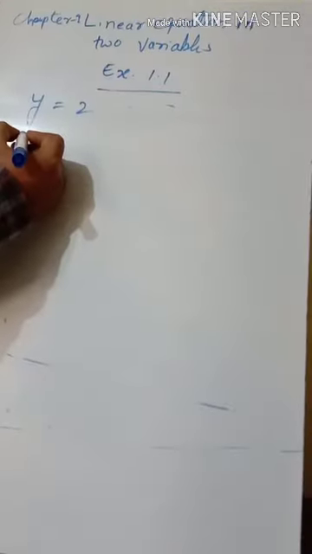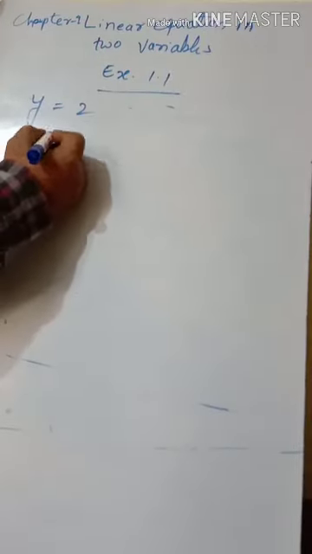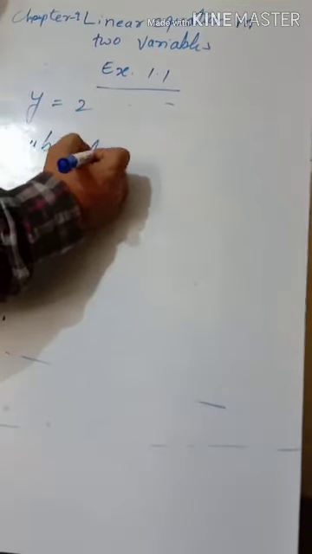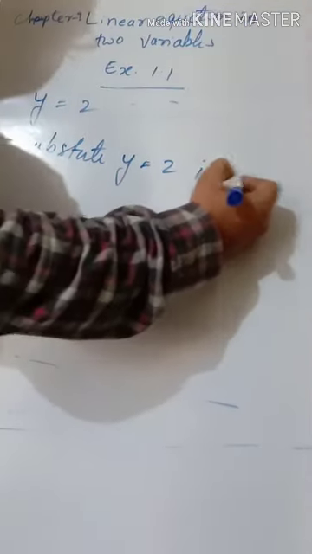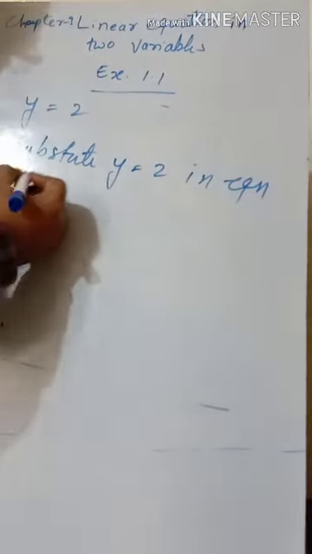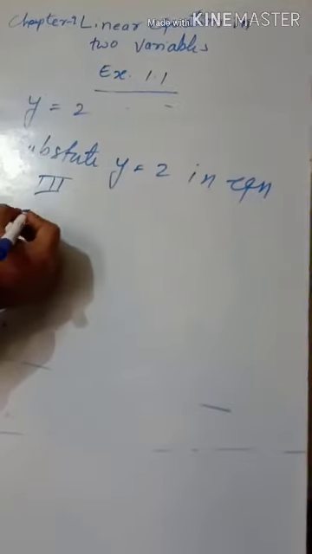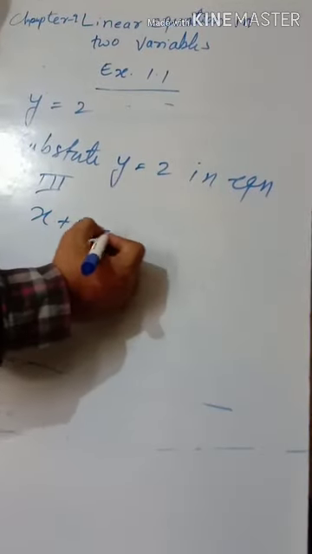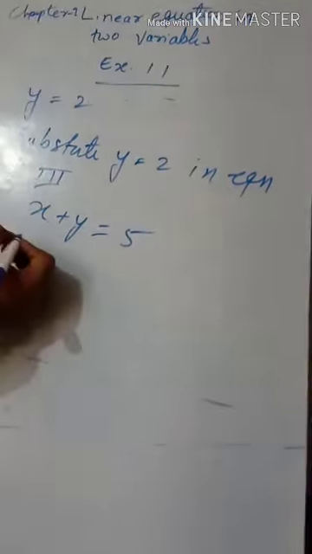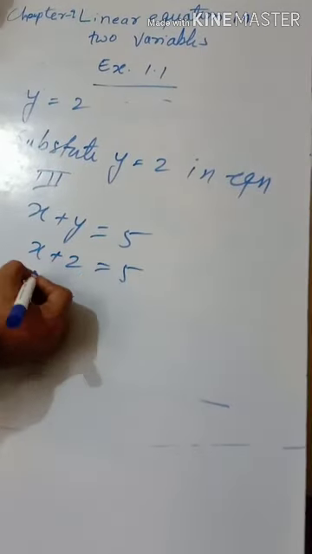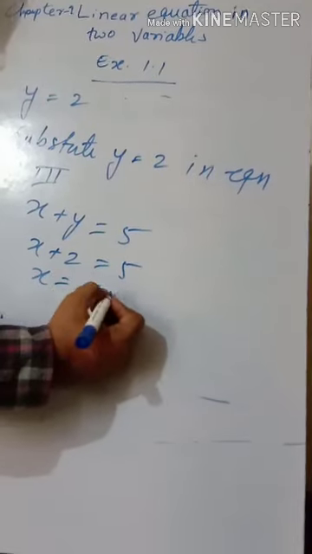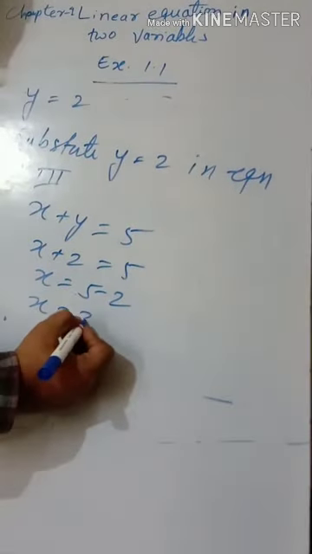Now we find x. Substitute y is equal to 2 in equation 3. Equation 3 is what? x plus y is equal to 5. x plus 2 is equal to 5. x is equal to 5 minus 2. x is equal to 3.